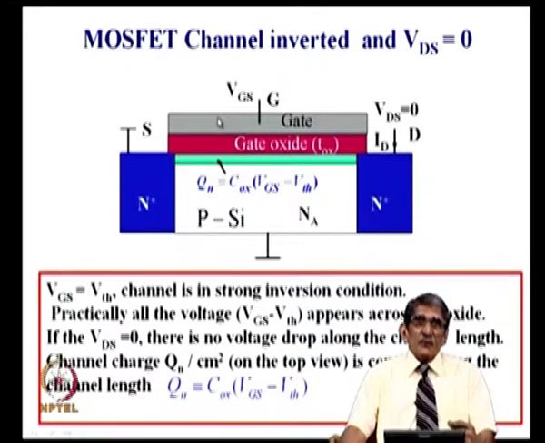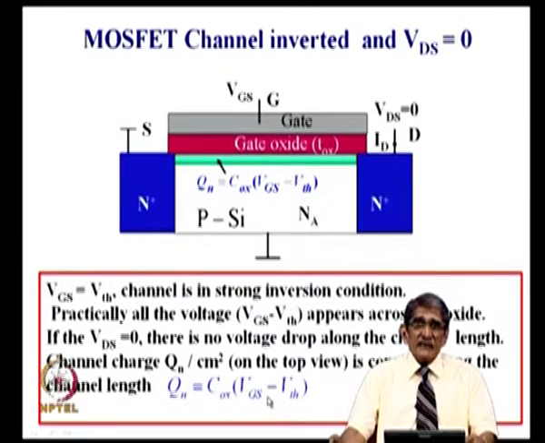So, the charge in the inversion layer here will be V g minus V threshold, that is the voltage that appears across this oxide, into the capacitance of the oxide. So, that is what is written here, V g minus V threshold into C oxide. C oxide is the oxide capacitance per unit area.